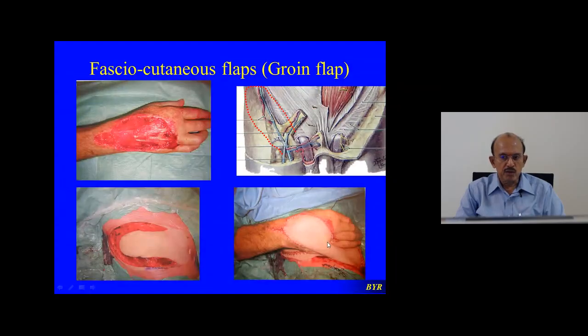Then after 3 weeks, you cut it here and again place the remaining tail over the recipient area and suture it. If any defect is there in the recipient area, you can place a split thickness graft to cover the defect.